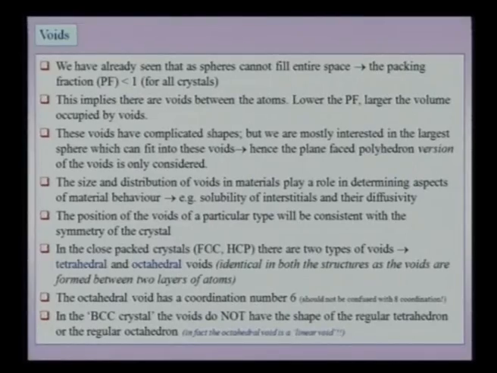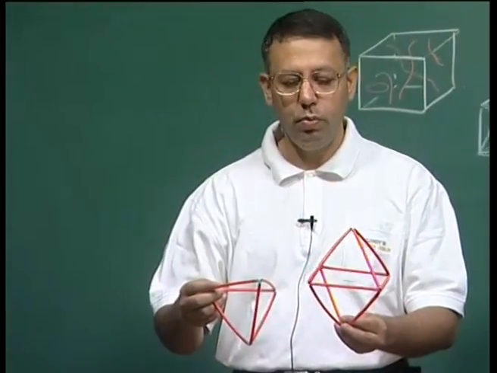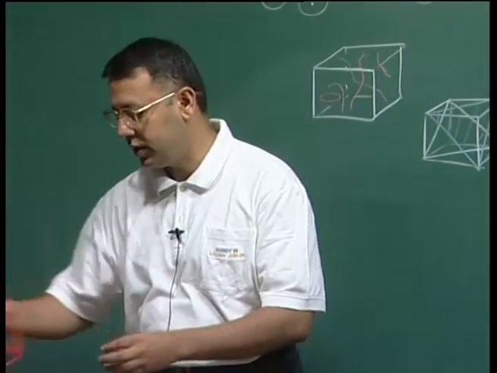So, when I want to make a space filling structure for these close packed structures, the FCC and HCP, I would use the regular octahedron and the regular tetrahedron, which I have seen before. These two put together form the space filling unit, as we shall see.